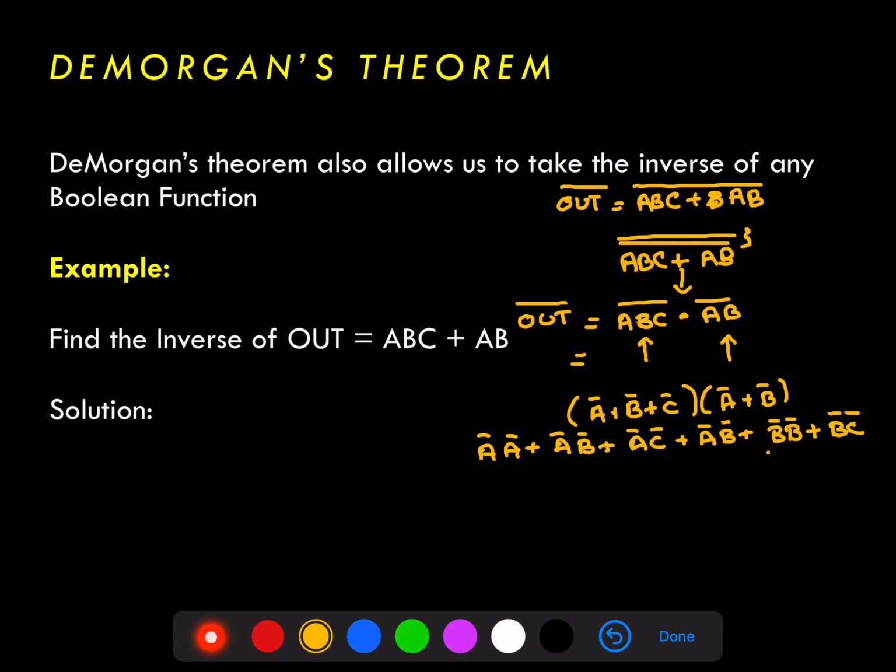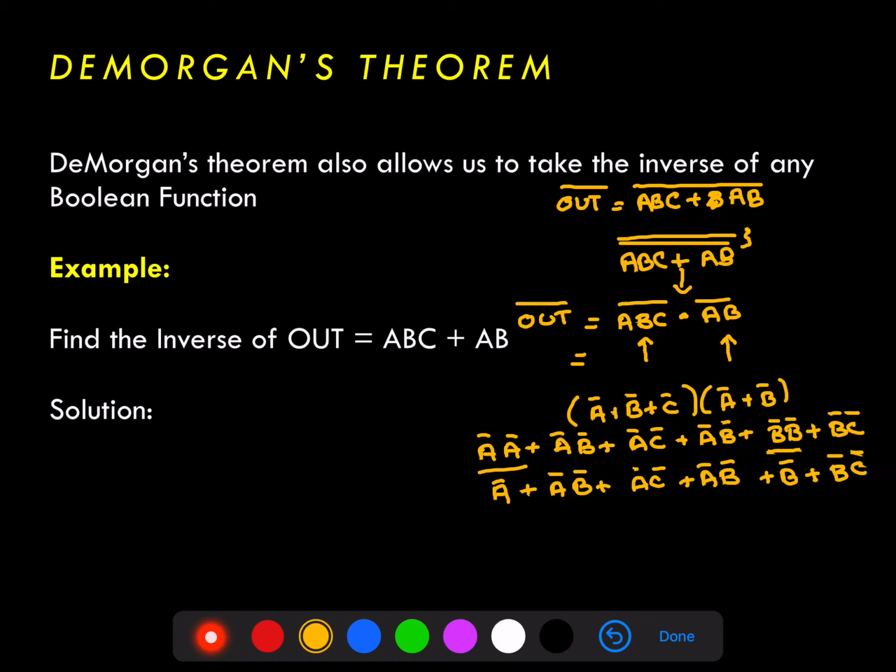Let's start by simplifying B naught and B naught and A naught and A naught. Any variable ANDed with itself is simply that variable, which gives us A naught or A naught B naught, or A naught C naught, or A naught B naught, or B naught, or B naught C naught.